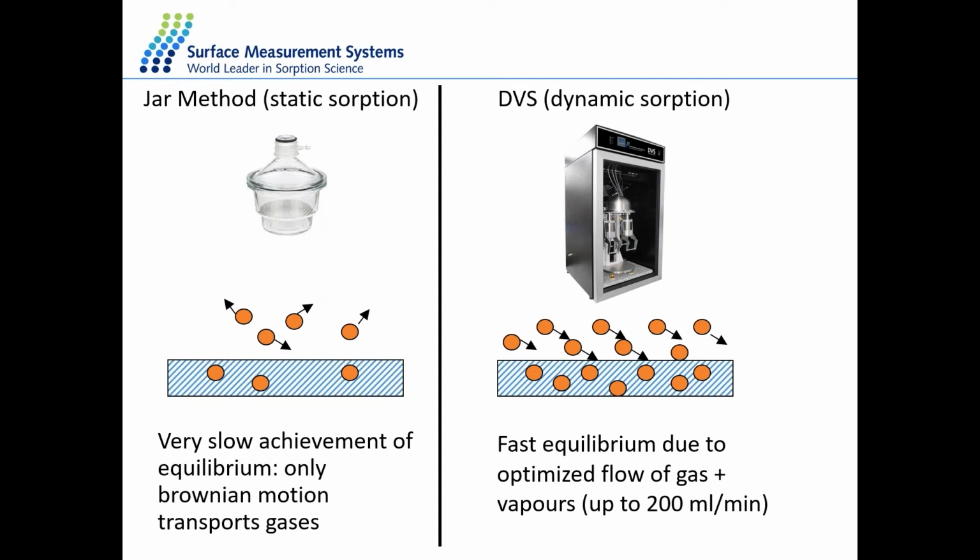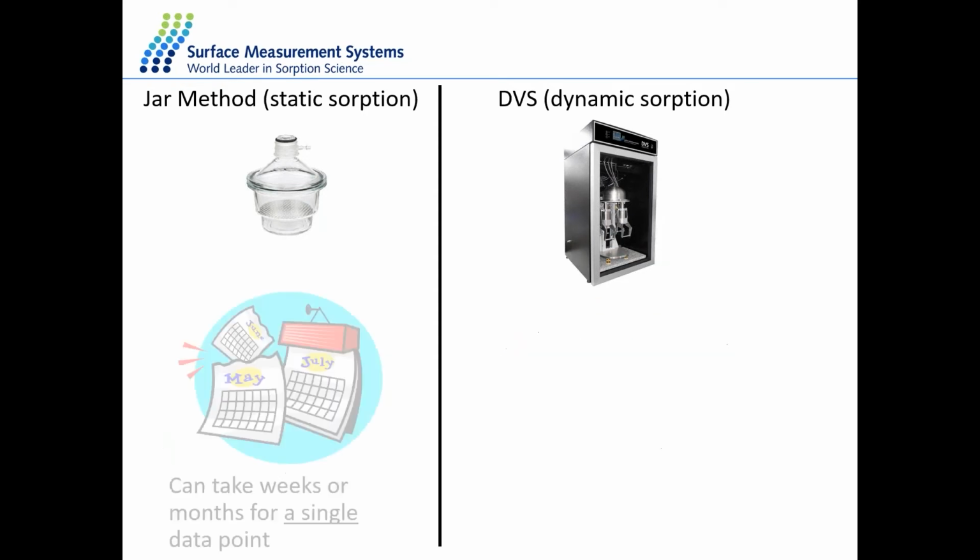In this case, we're using nitrogen or air. In a flow, there is usually 200 milliliters per minute at 25 degrees C. So the equilibrium conditions are pushed forward not only by the diffusion process, but also by the constant flow of carrier gas on top of the sample itself.